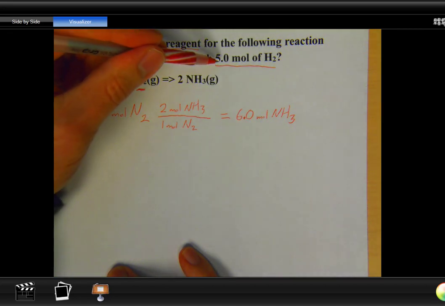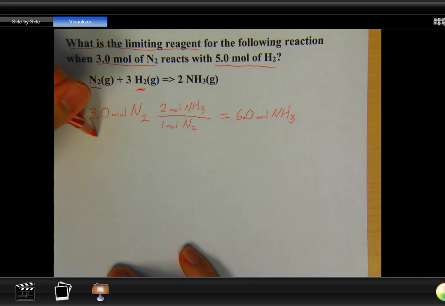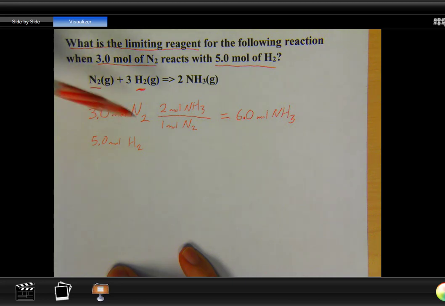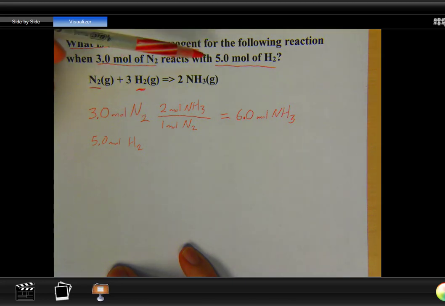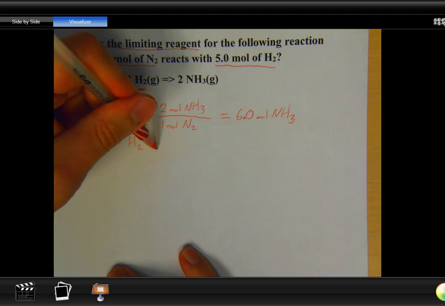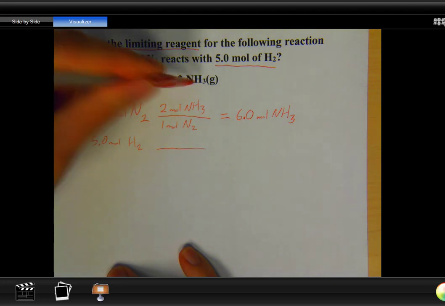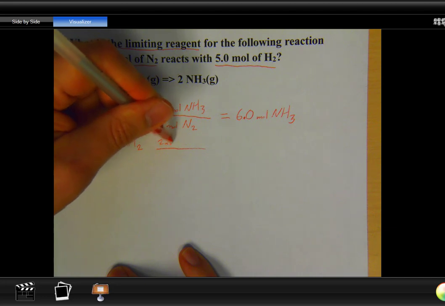We're also given 5 moles of H2, 5.0 moles of H2. As you're doing these calculations, remember that you're taking the moles that are provided up here as your starting point, and then the stoichiometric coefficients as your conversion factor. So 5 moles of H2. Here we have 2 moles of NH3.